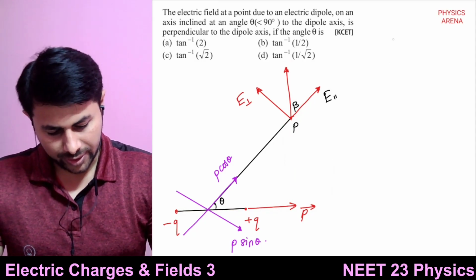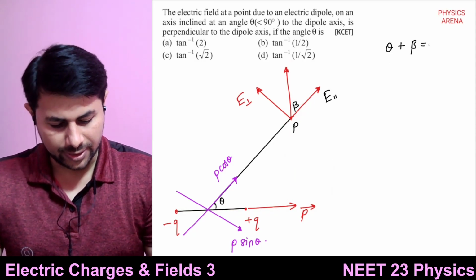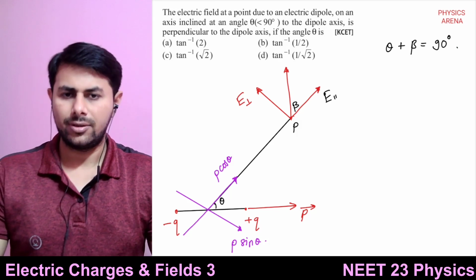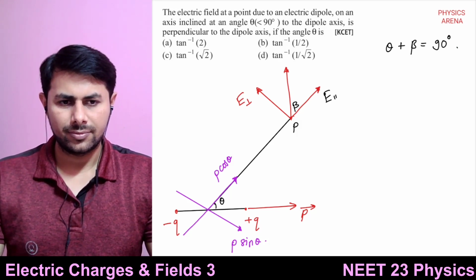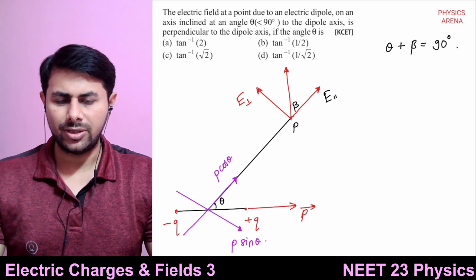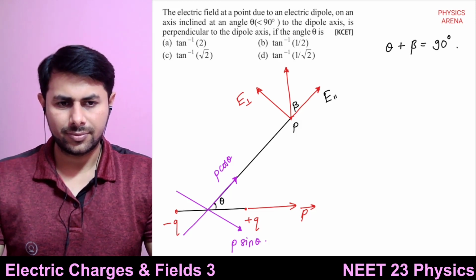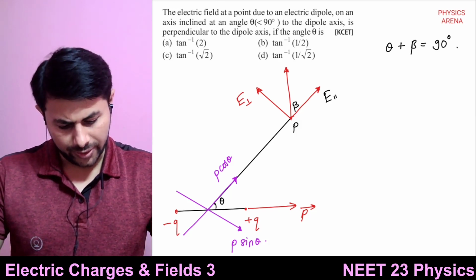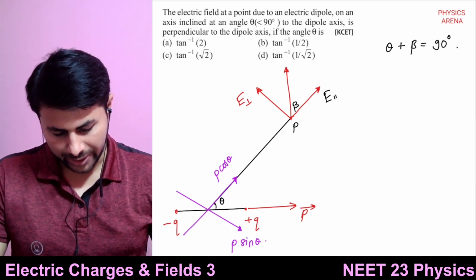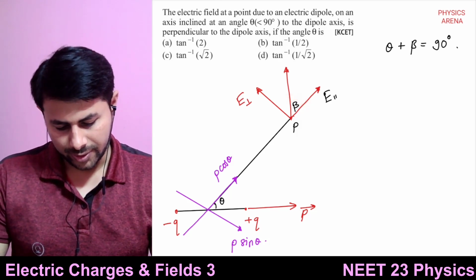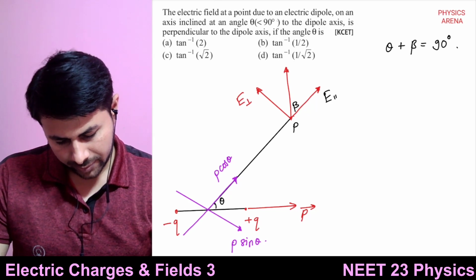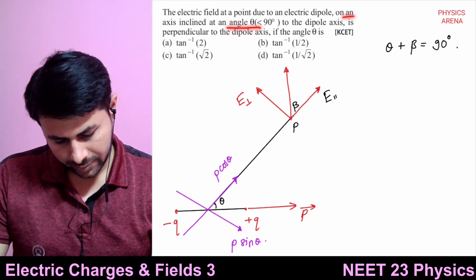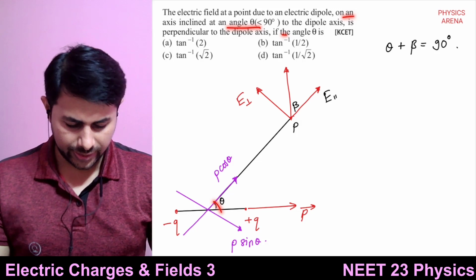So theta plus beta is equal to 90 degrees. Got it till this point? Then we have to find out this beta. No, we have to find out theta only.